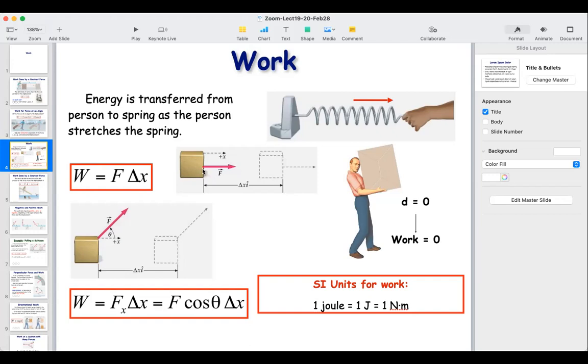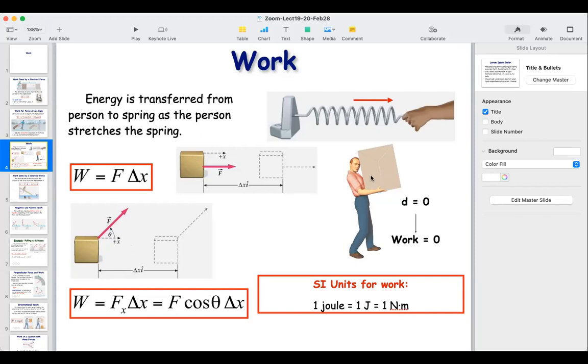In some cases, the force is all along the x-axis, so all the force and displacement provide the work, while when the force is at a certain angle, as already said, we only consider the component of the force along the displacement. The unit, as we said before, is joule, which is Newton meter.